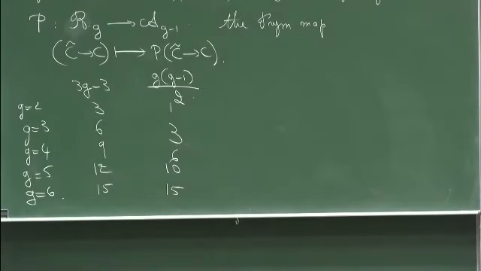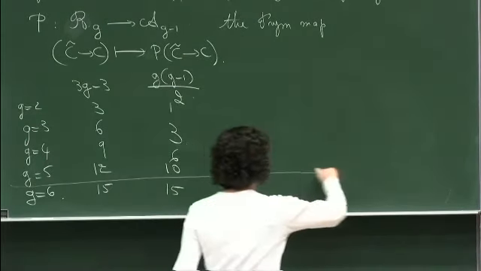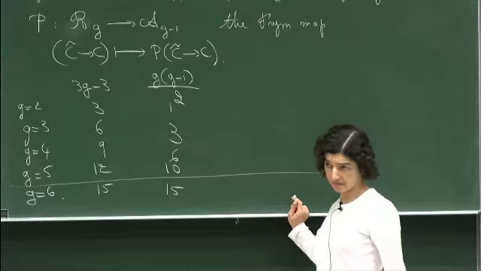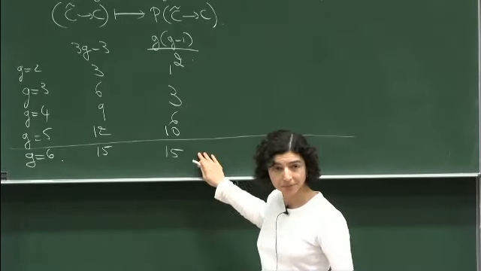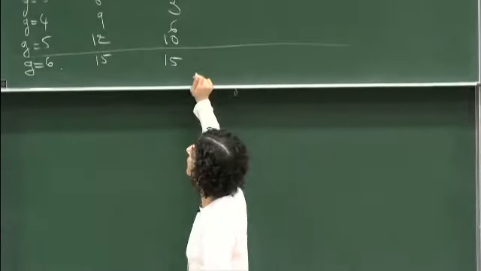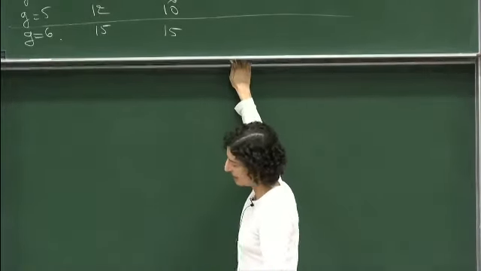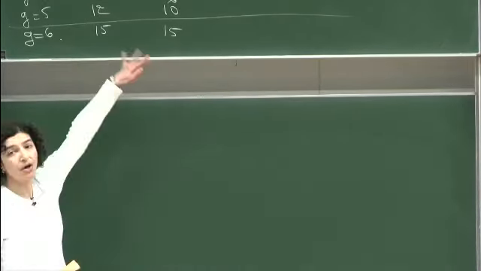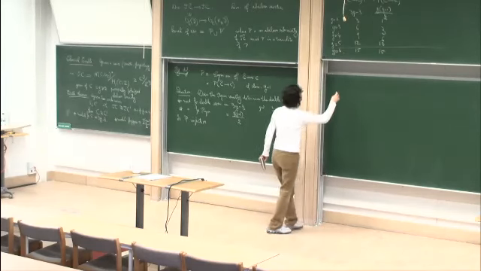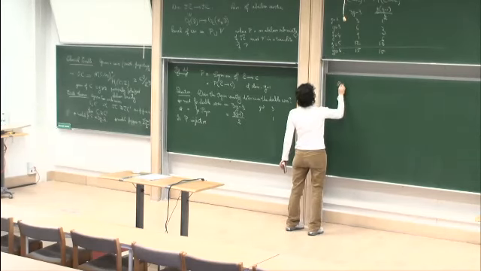So the first case where it's actually possible that you could have a Torelli theorem for Prym varieties is this one. And it's known in that case that the Prym map is not injective. That's due to Donagi and Smith.